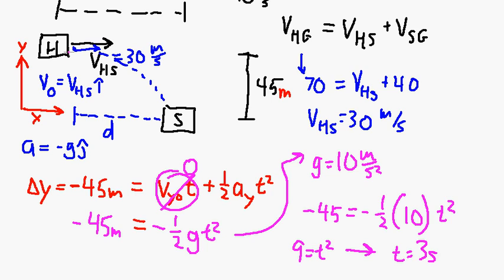Now, Harry, how far does the package move horizontally? That's even easier. We want the package to move d horizontally, and that's going to equal the package's horizontal velocity in x, which is constant. Okay, so remember the package is not accelerating horizontally, so its velocity in x is just constant.